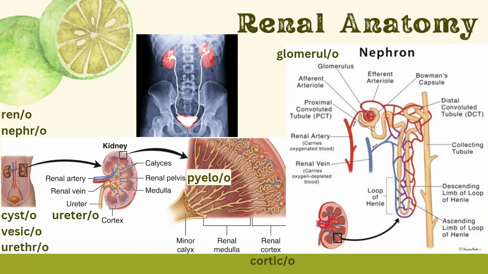And this is how we're actually going to make our urine. So we have our glomerulus here. This is a bundle of capillaries that are coming into our nephron. And so glomerule/O, that's our combining form for glomerulus specifically. So these capillaries are under super high pressure.